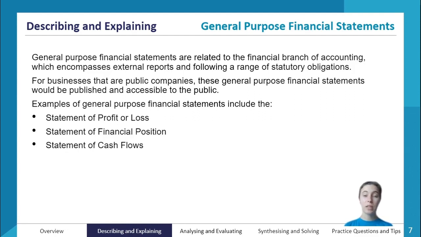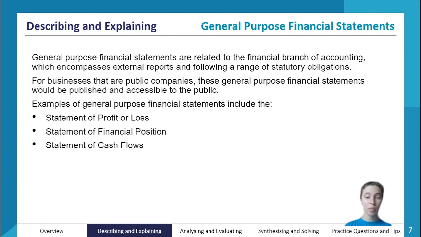For businesses that are public companies, listed on the Australian Stock Exchange, for example, these general purpose financial statements would be published and accessible to the public. Think about a public company like Woolworths or Qantas, and we would be able to access their financial statements since they are public companies.